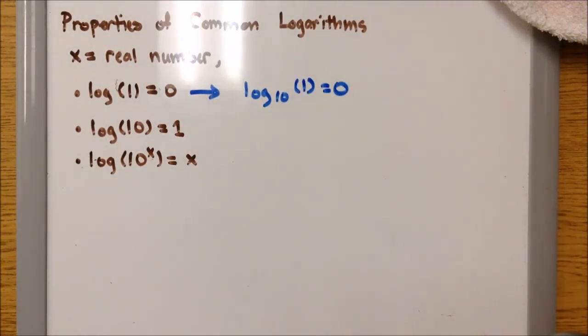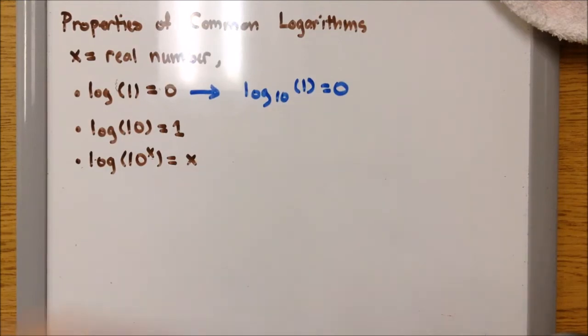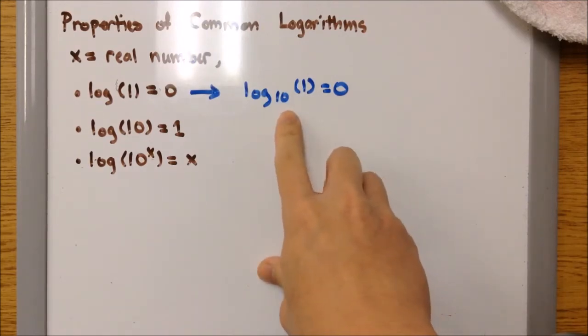The reason I'm bringing this up is because when you're working with scientific calculators or the TI-83s, 84s, when you're typing in log, it doesn't give you the option to type in the base. It's automatically set to a base of 10. So any calculator like those is already pre-programmed with a base of 10.